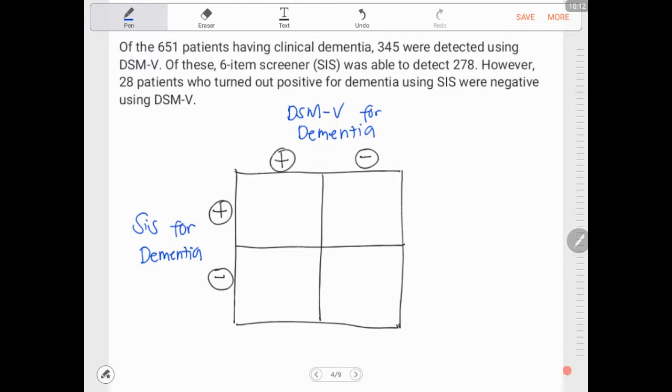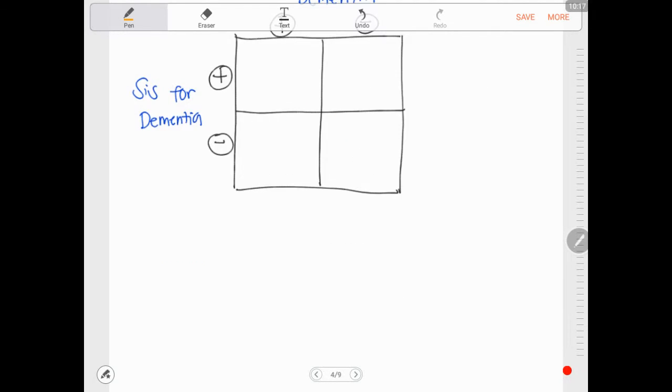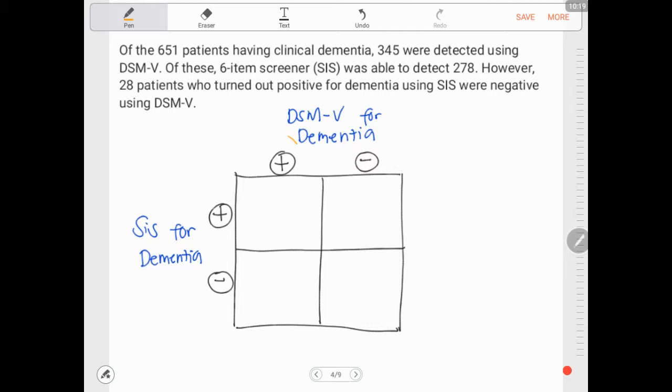Okay? This particular column po, are all positive using the DSM-5. Whereas all of this one, nag-positive for SIS. Okay? Remember that.